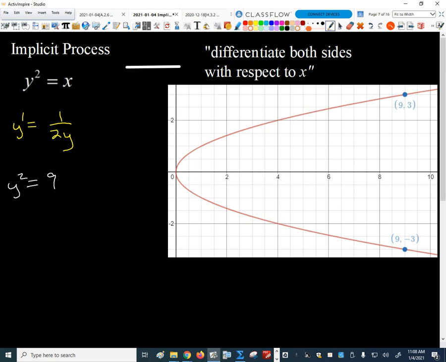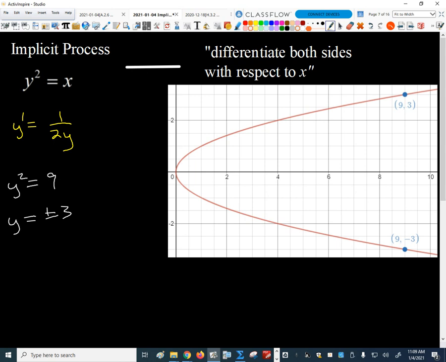What are the two possible solutions if I solve for y? If I square root both sides, I get y equals plus or minus 3. So that's going to give me 2 points. X is equal to 9, and y could equal plus or minus 3. I get both of these 2 points, right? Because this is not a function. These points line up vertically, but there are two different points with x coordinates of 9.